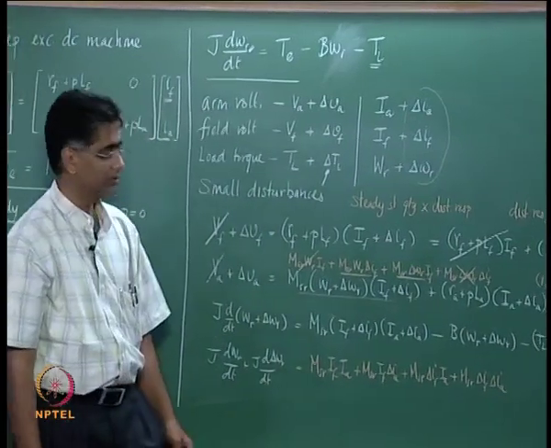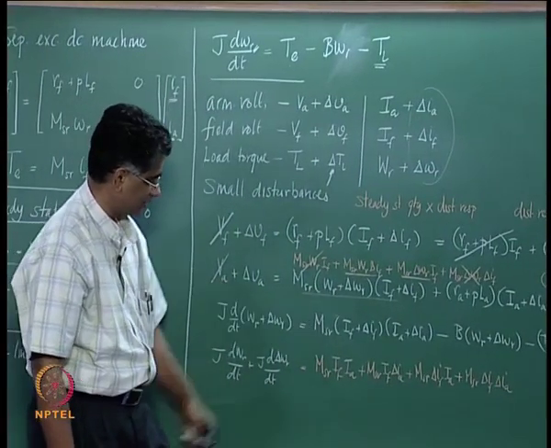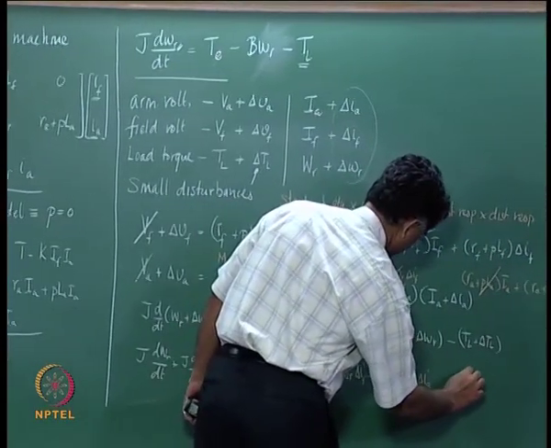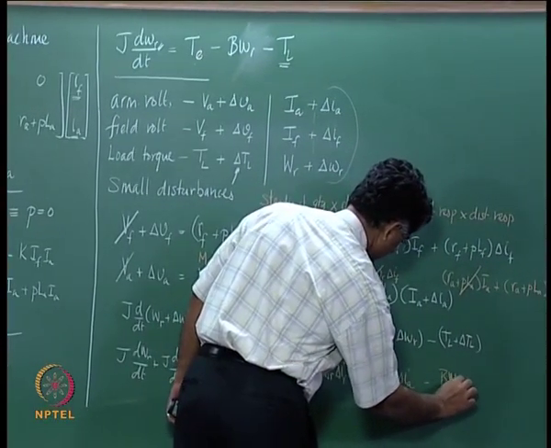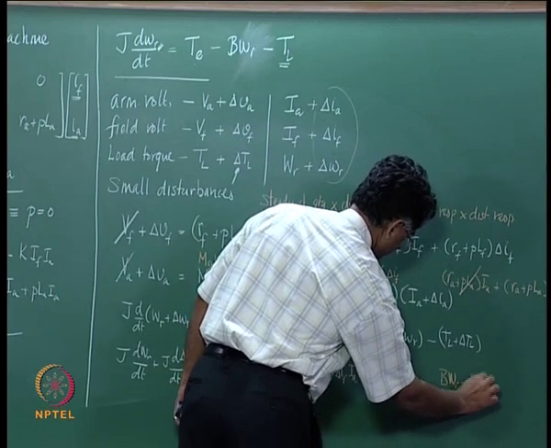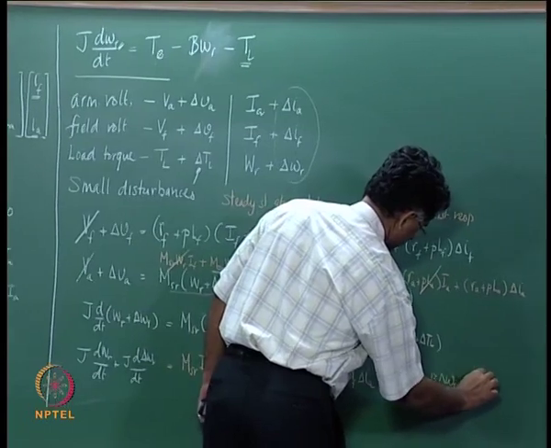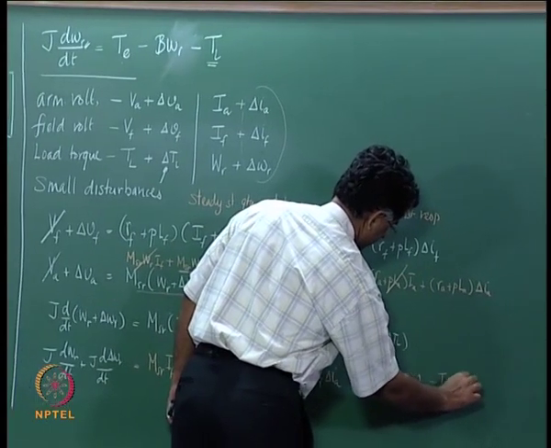So, these four terms are an expansion of this first term, and then you have for the second term B omega r minus B delta omega r, and then you have minus TL minus delta TL.